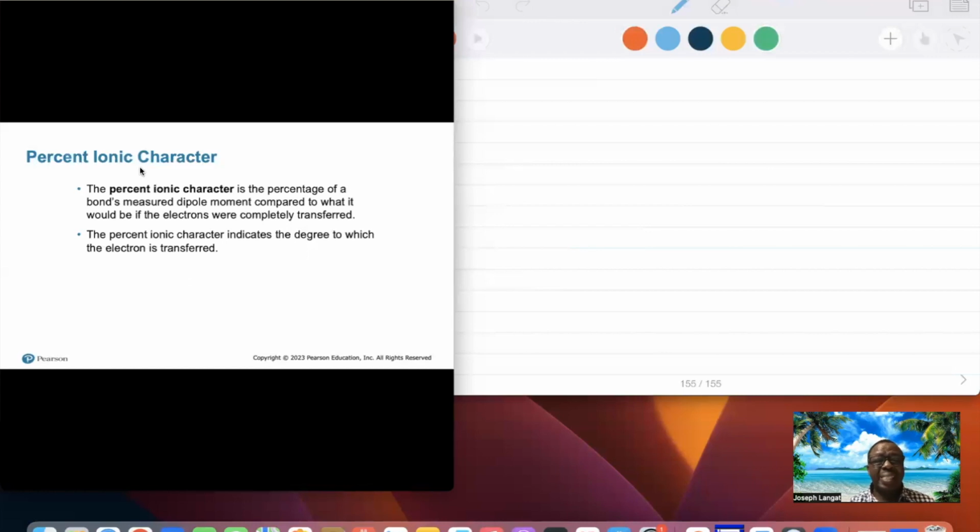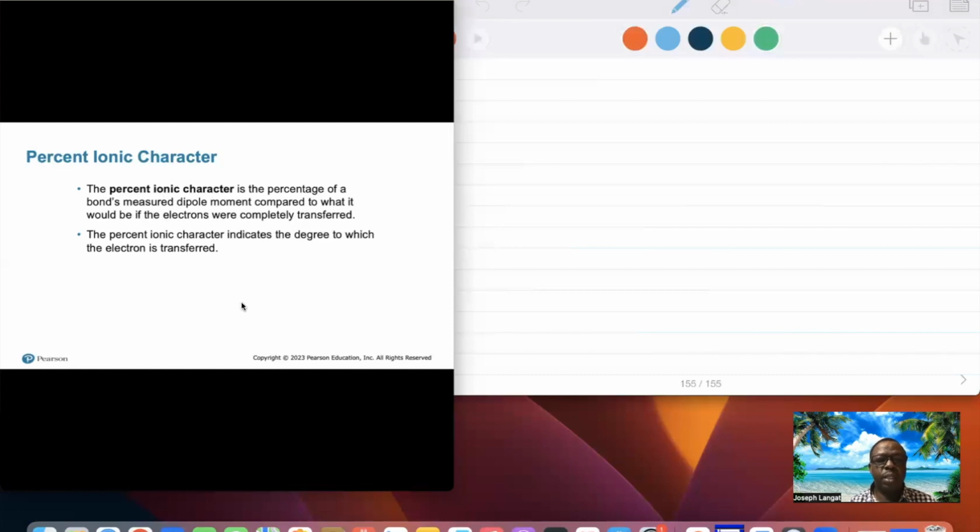What is percent ionic character? In an ionic bond, there is total transfer of electrons from one element to the other, from a metal to a nonmetal. But in a polar covalent bond, there is a transfer of electrons, but not 100%. This is what is meant by percent ionic character. It's the percent of the bond's measured dipole moment compared to what it would be if the electrons were completely transferred.